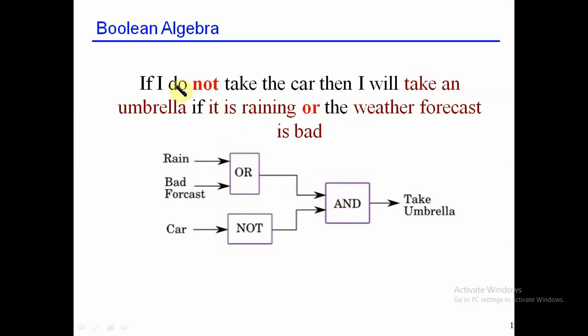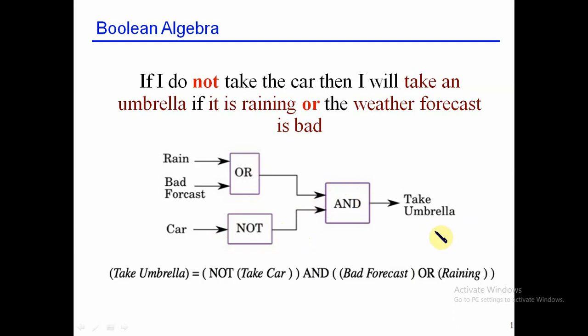And what is the other sentence? If I do not take the car, that is the NOT, meaning car not taken, and that will be given to the AND. This is the NOT, meaning raining and not car will be given, and the output will be that you have to take the umbrella.